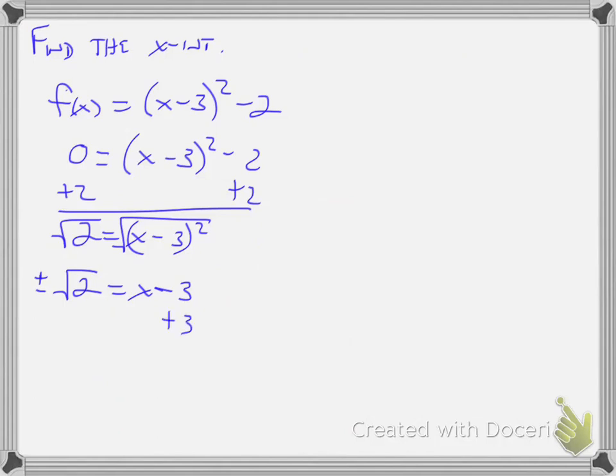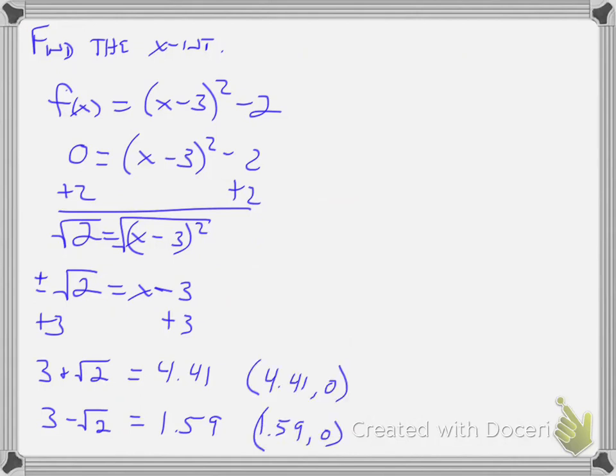Then add 3 and write the decimal rounded to the nearest hundredth. So I have 3 plus the square root of 2, which is equal to 4.41, and then 3 minus the square root of 2, which is equivalent to 1.59. So my x-intercepts are 4.41 and 1.59.